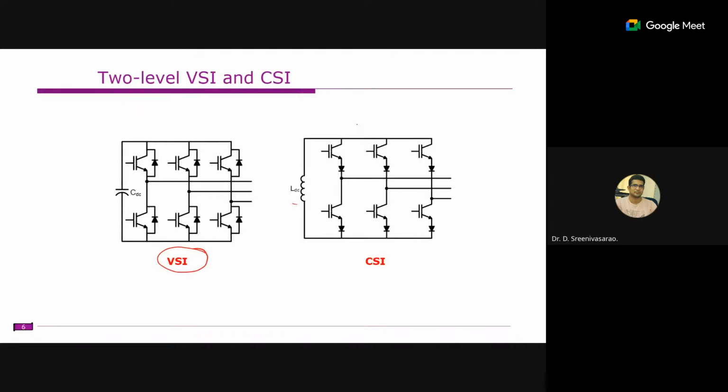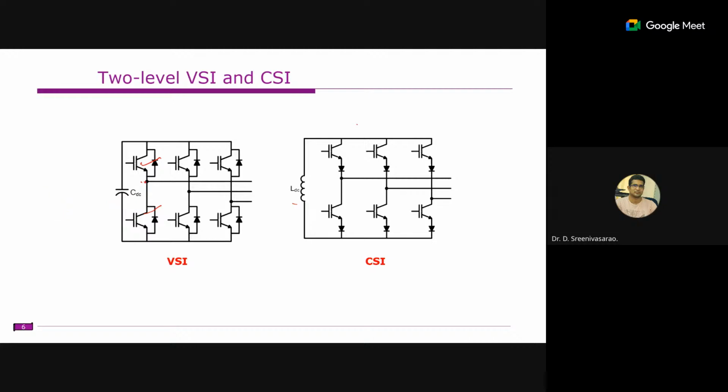It is known as a two-level inverter because, if you consider a fictitious point, with VDC split into VDC by 2 and VDC by 2, and measure the voltage between these two points, then if the top switch is on you will get VDC by 2, and if the bottom switch is on you will get minus VDC by 2. So you get two voltage levels here.